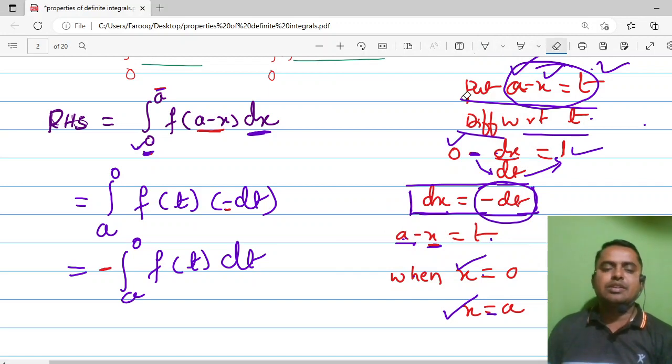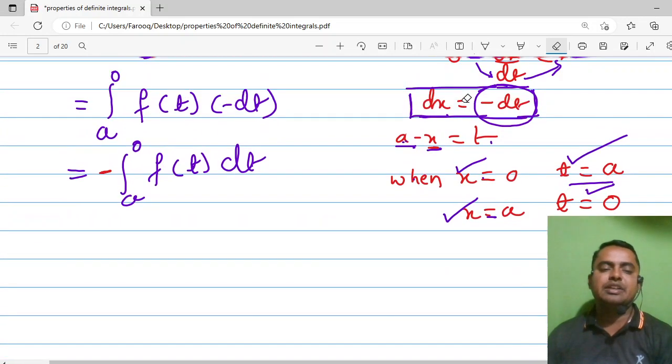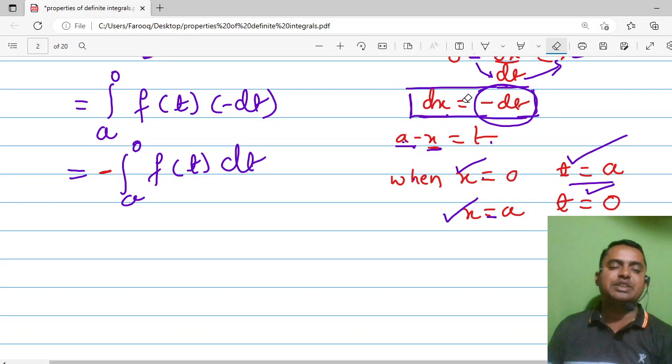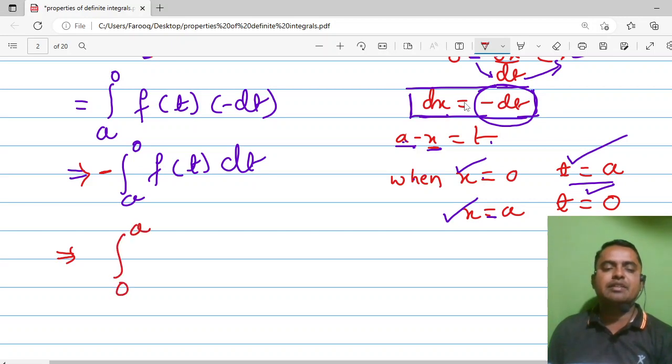Now applying the change of limit property. As I told you, the first two properties are very important because we are using them to prove the remaining properties. If you interchange the limits a to 0 into 0 to a, the sign of the integral will become minus. This minus and this minus is plus, and f of t dt.